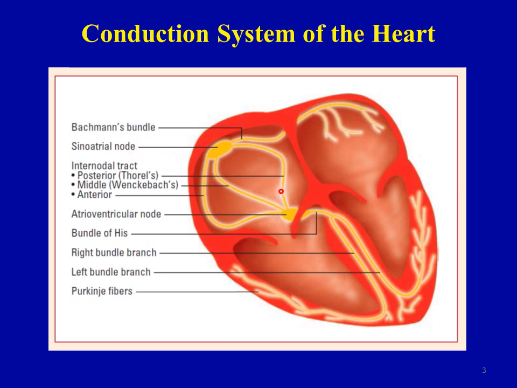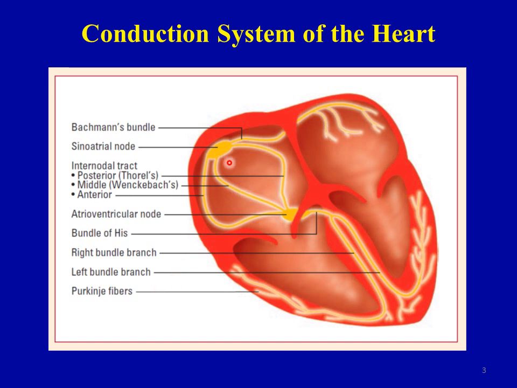Then another group of autorhythmic cells are collected in a node called the atrioventricular node. Then we have the atrioventricular bundle or bundle of His that will branch or divide into left and right bundle branches, and then each bundle branch will give smaller branches called the Purkinje fibers.